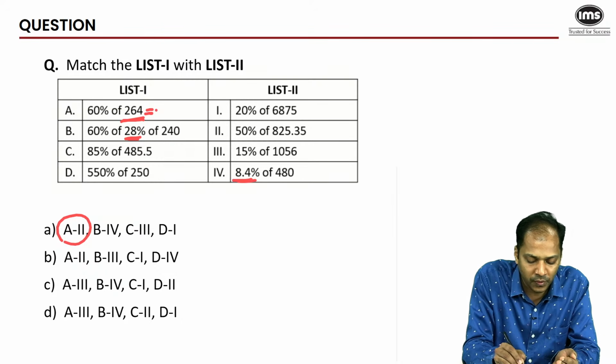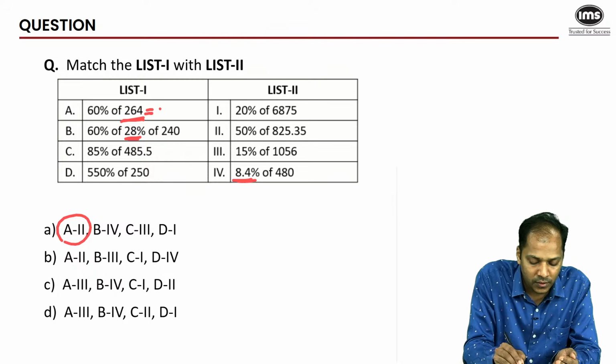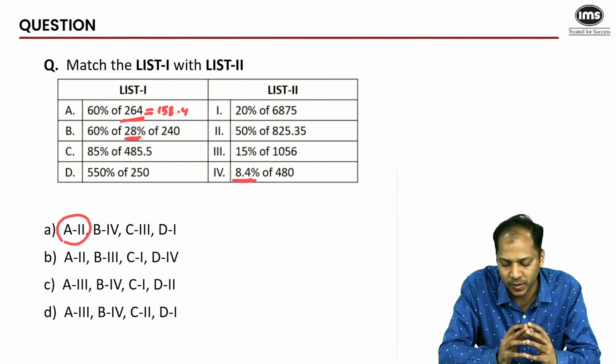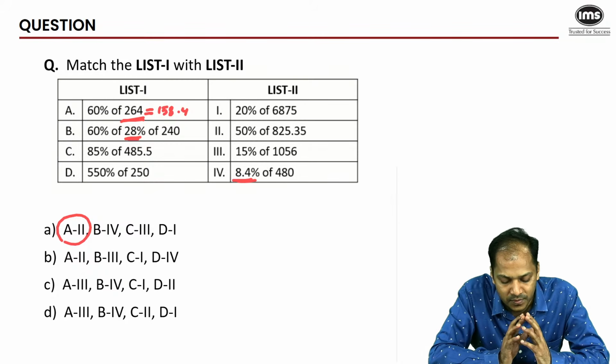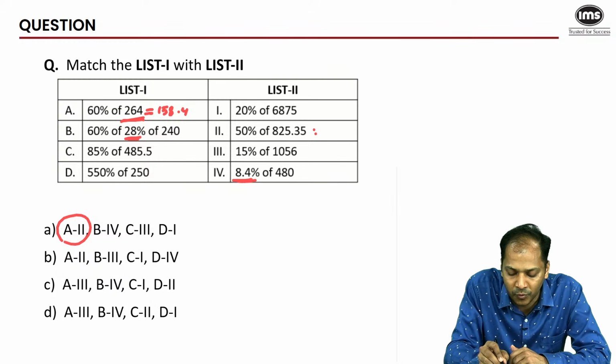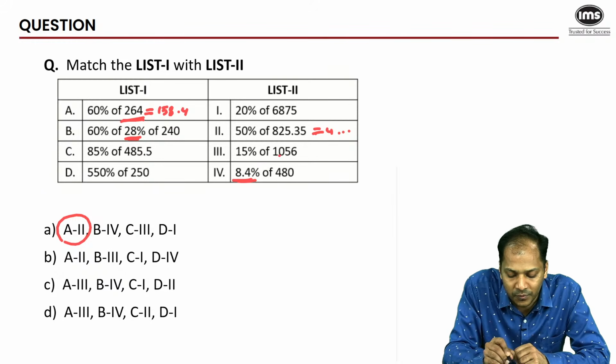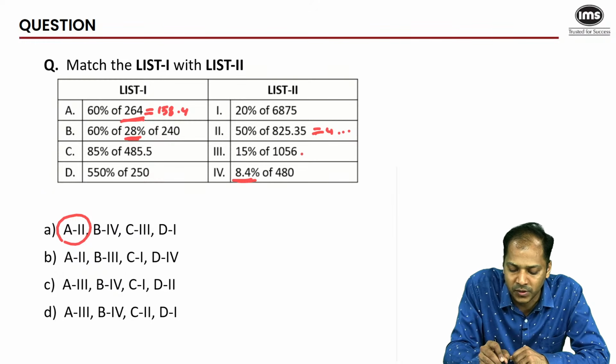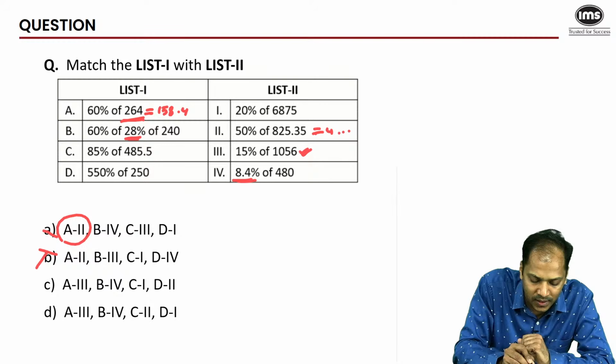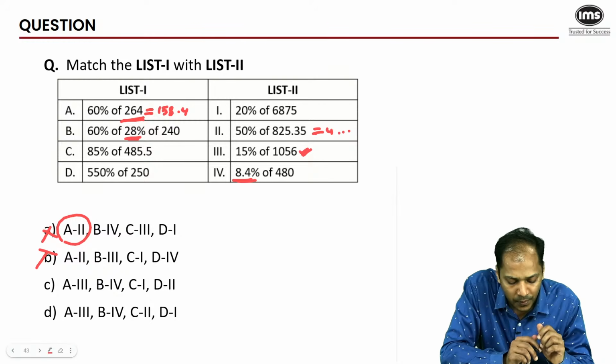So 3/5 would be 158.4. So approximately I want a number in the 150s. 50% of 800 would be in the 400s. I want a number in the 150s. 1056, 15% of this would be in the 150s. So A should be 3. So this and this could not be the answer.